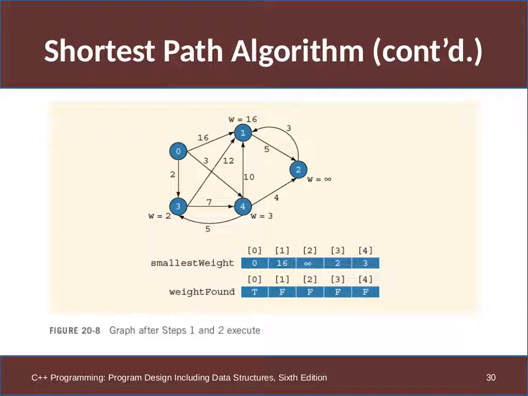So when you visit 3, what you're going to do is update these weights to see if there's a shorter path. You're at 3, you can't go back to 0, so you leave that number alone. You can go to 1, which is 12.